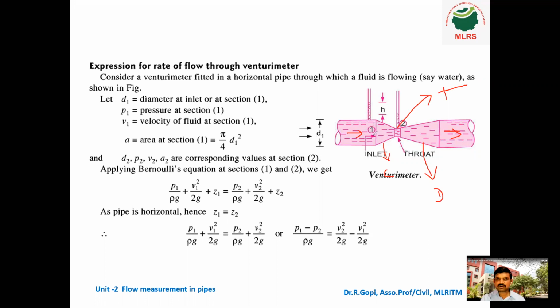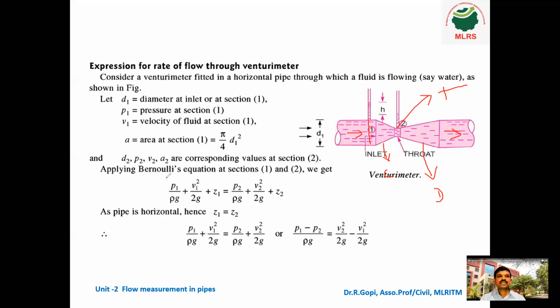Section 1 is the junction between the inlet pipe and the convergent cone, exactly here. V1 is the velocity of fluid at section 1, and A1 is the area of the section, pi by 4 into D1 square. All these are inlet pipe properties, not convergent or throat.